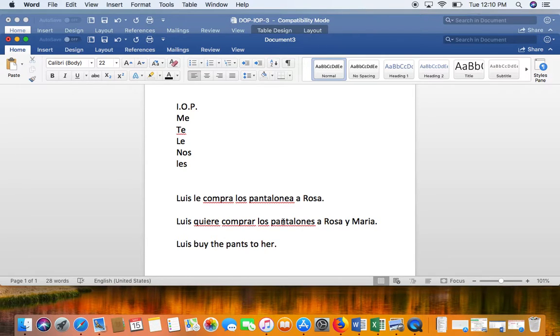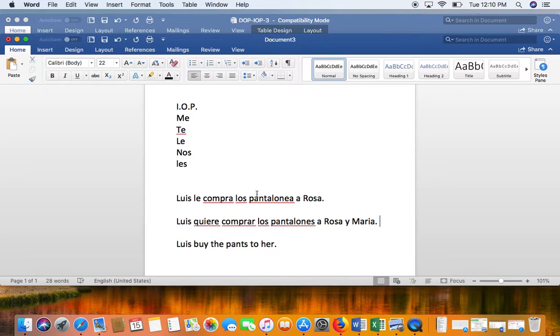Two people. I know this sentence is wrong because we're missing the pronoun. How many verbs do you see here? I see quiere, which is querer, to want, and comprar, which is to buy, all right? Because there are two verbs, there are two different ways to do it.